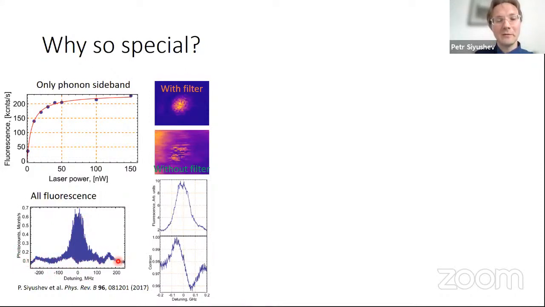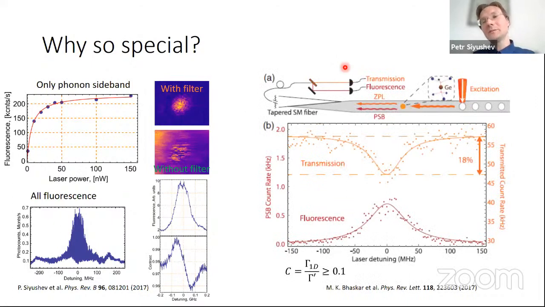And surprisingly, we can actually see this center without any filter. We can remove the filter and still see quite a decent signal just directly from this center. That allows us to place this emitter, this defect, inside a nanophotonic cavity, a nanophotonic waveguide.